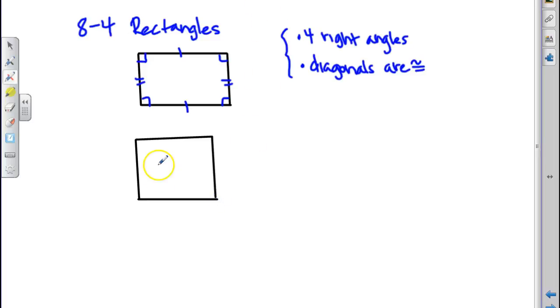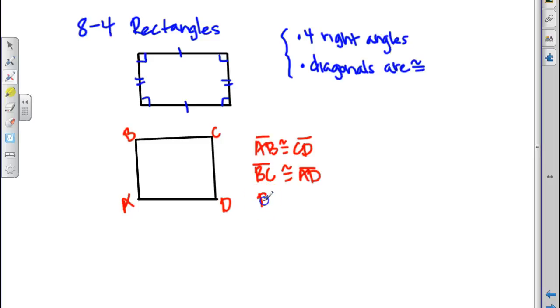So this is rectangle ABCD, where AB is congruent to CD and BC is congruent to AD and BC is congruent to CD.